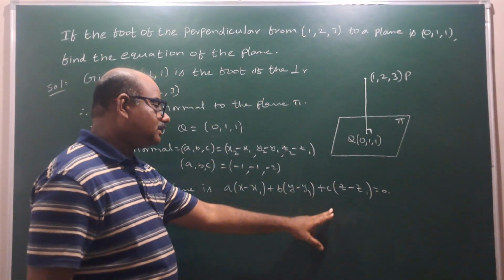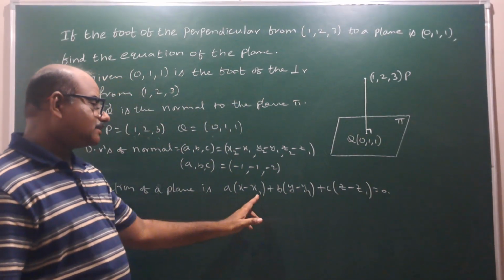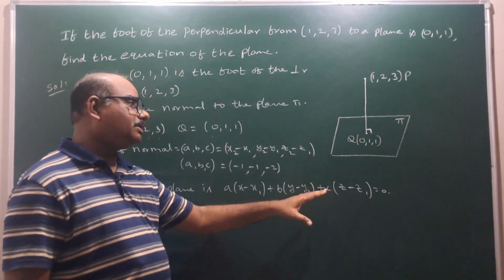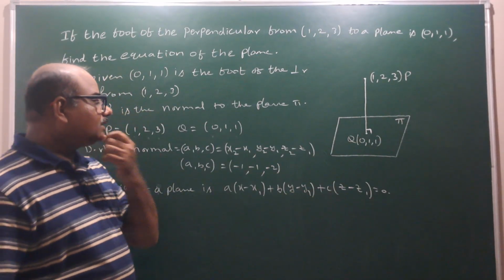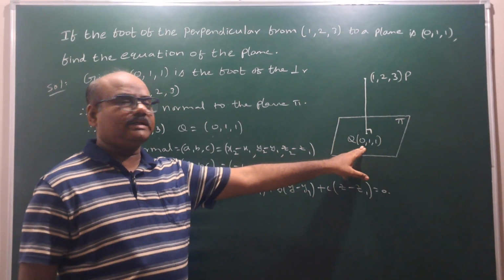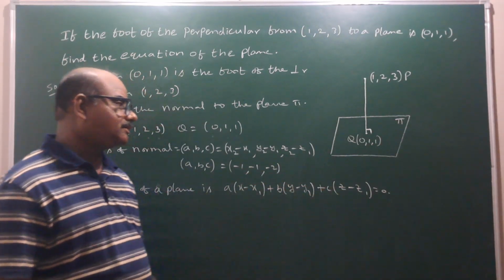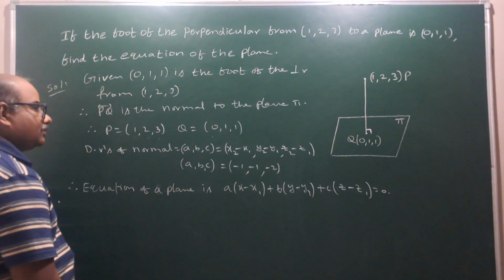Here A, B, C are the DRs of the normal and (x1, y1, z1) is the point which is contained in our plane. So this is the point (x1, y1, z1) with respect to this formula. So let us substitute.